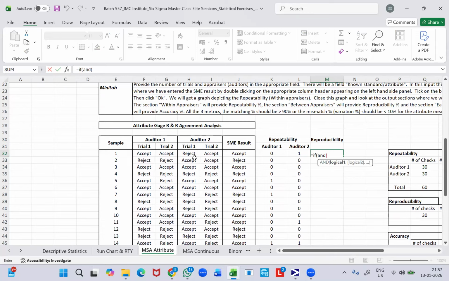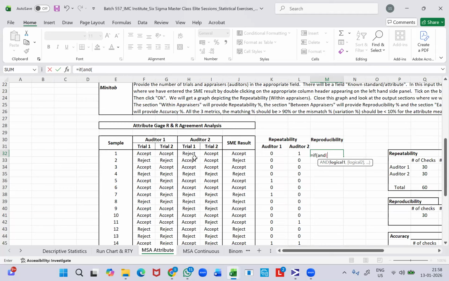Even if one of the trial results is different, it would constitute a reproducibility mismatch. So that's why I told you reproducibility, as we can see, is a much stricter calculation than repeatability. The repeatability itself has a variation percentage in excess of 20%. The reproducibility variation will definitely be more than that, right?